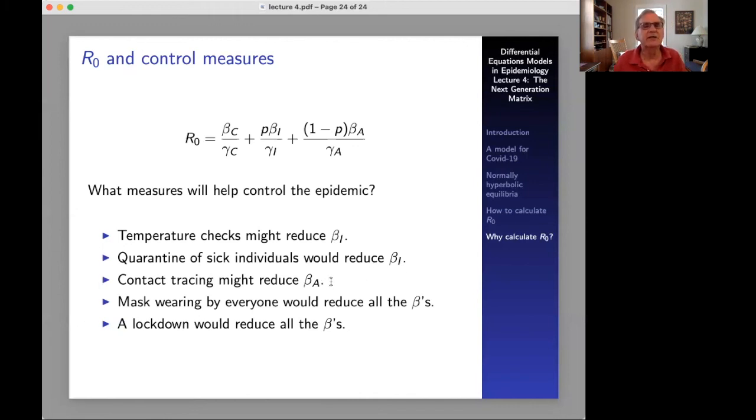You're probably not going to turn people up until they've passed through compartments E and C and into the asymptomatic compartment. So by finding those people and telling them to stay home or encouraging them to stay home, you might succeed in reducing beta A. And this is kind of important because those asymptomatics don't know that they're sick. They would be going around doing what they normally do. If you can get them to stay home, that will help.